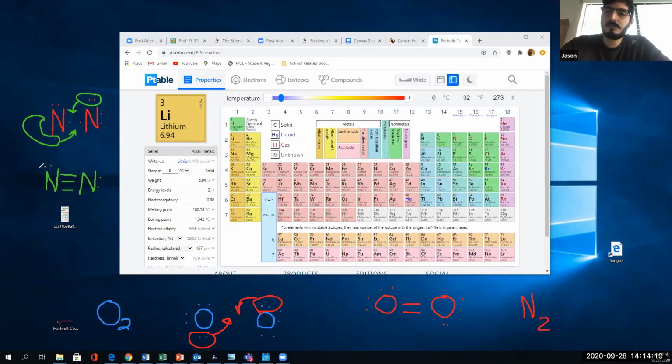Okay, so that's 2, 4, 6, 8 around this nitrogen, 2, 4, 6, 8 around this nitrogen. So in that case, both of them are happy.